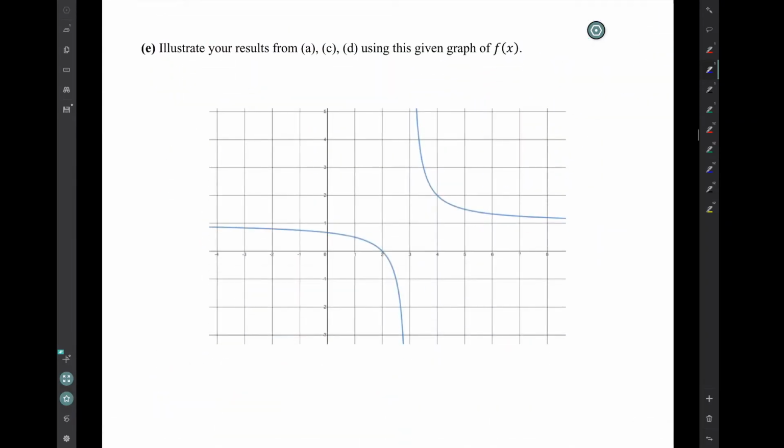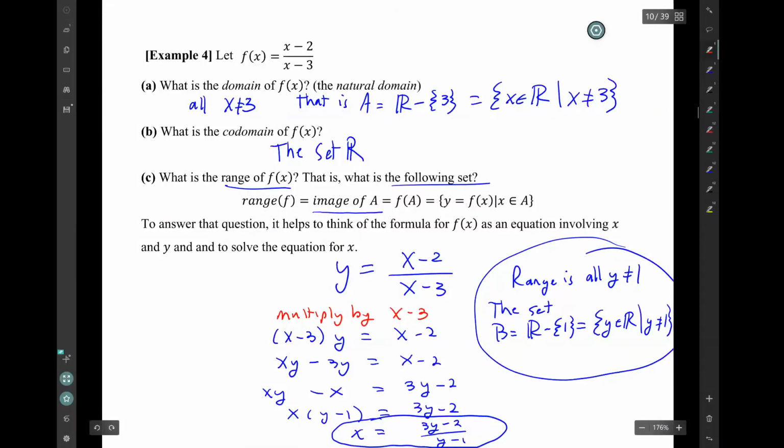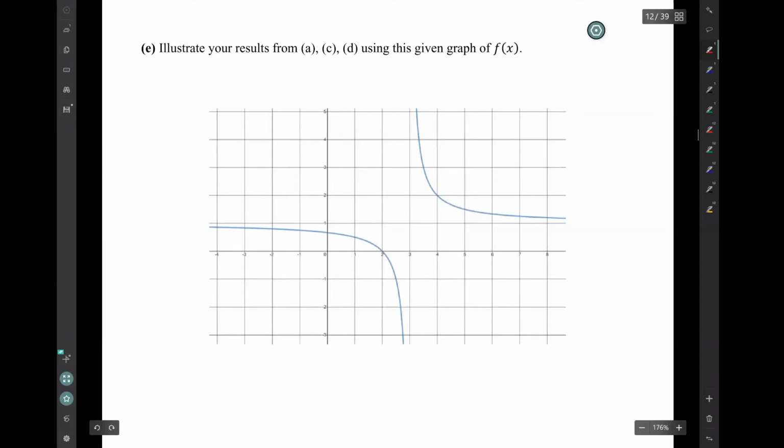Now, question E says, illustrate our results from A, C, and D using this graph of f of x. So what are our results? Question A said, what is the domain? And we figured out that the domain was all x's that are not 3. Let's go down to the graph. Notice that this vertical asymptote occurs at x equals 3.